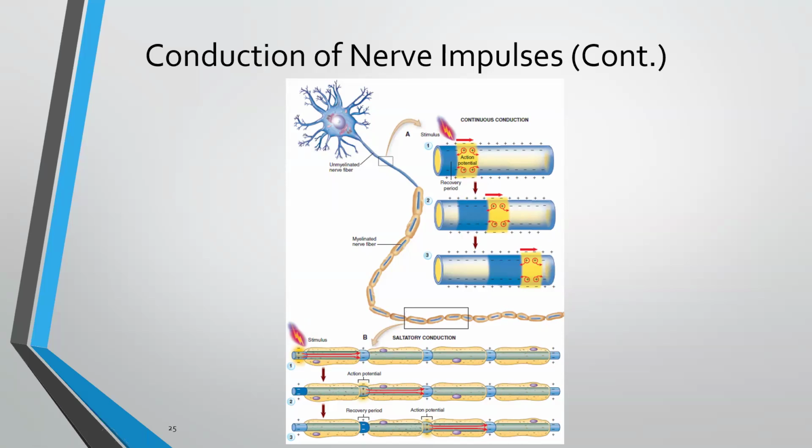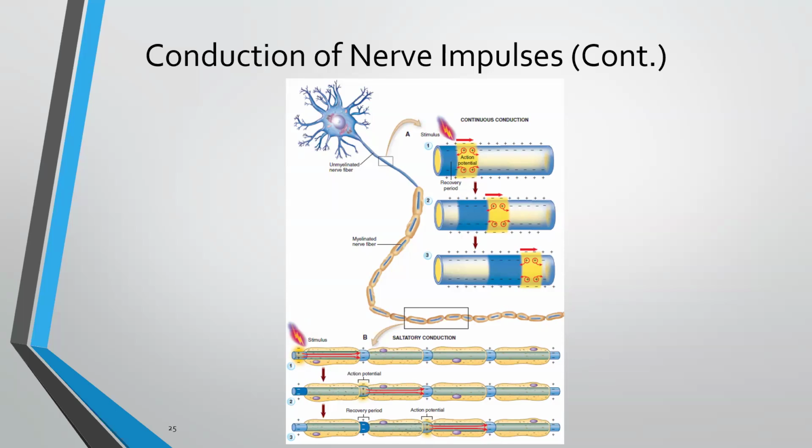Okay, so here we see this figure, it shows the conduction of the nerve impulses in an unmyelinated fiber, with the action potential shown in yellow, and with a continuous self-propagating wave of electrical disturbance.